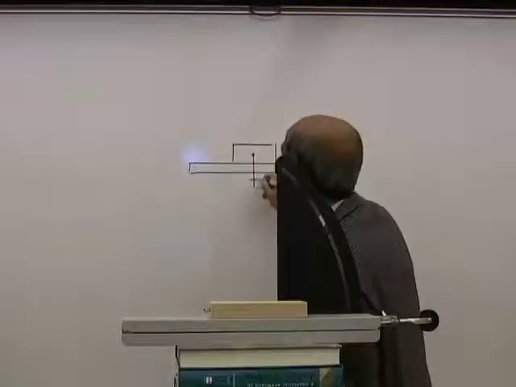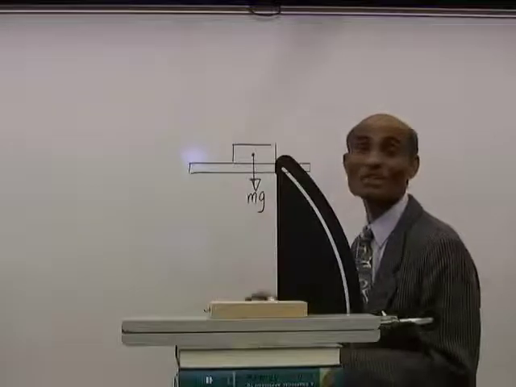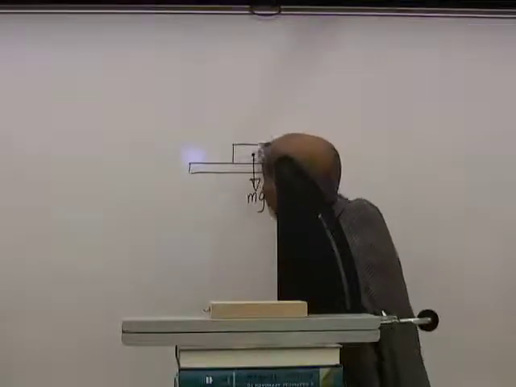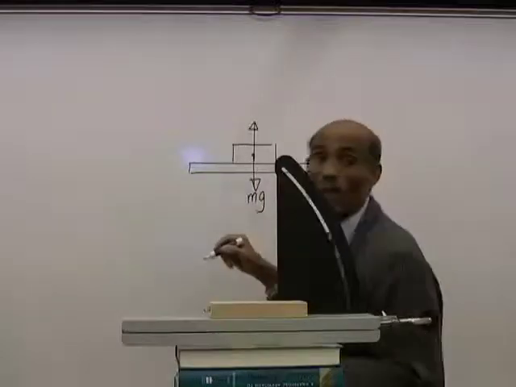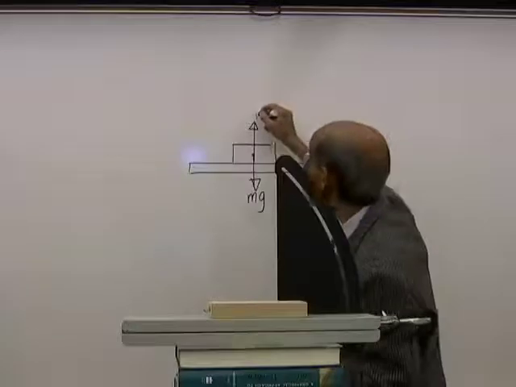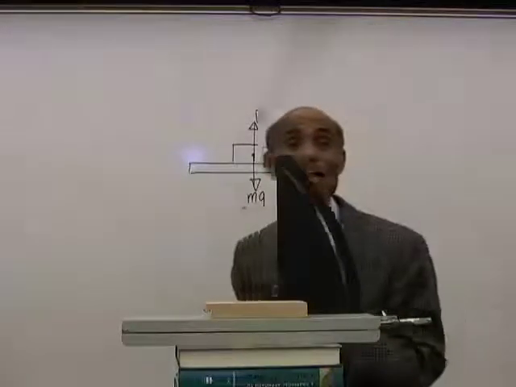The weight of the block, mg, will be acting vertically down, and the plane surface will therefore apply a normal force which will be upward. Now there is no net force on the object.